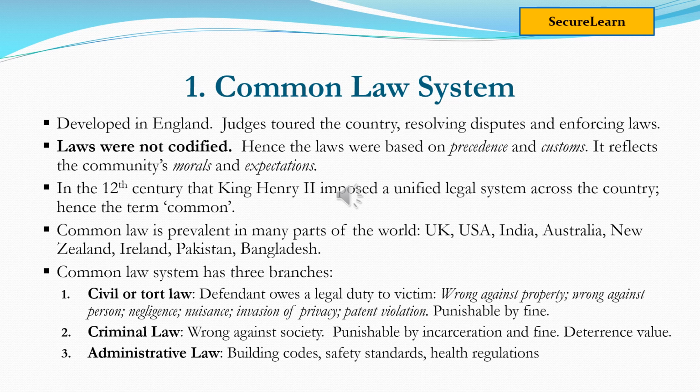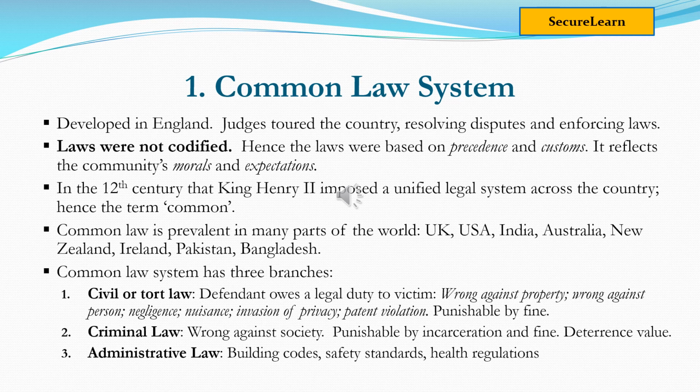In such a situation, where judges had to dispense justice without codified laws, it is not surprising that they tended to rely on the morals and expectations of the community to distinguish right from wrong. As a result, their rulings were based on precedents and customs. In the 12th century, King Henry II imposed a unified legal system across the country, hence the term common.